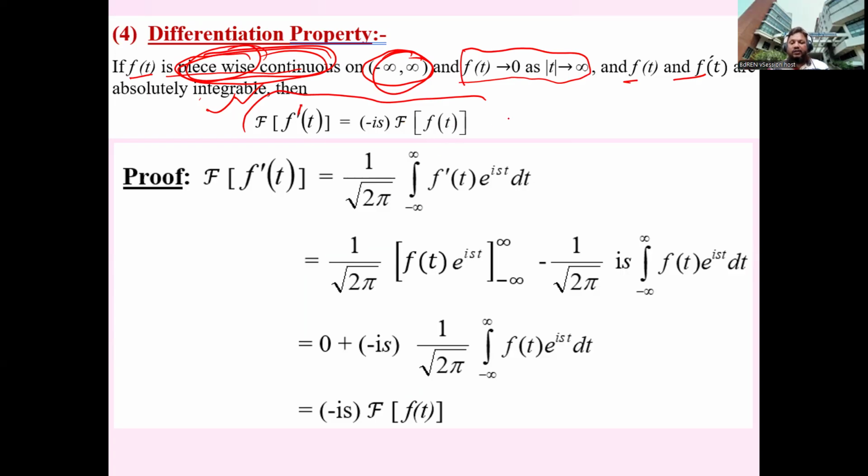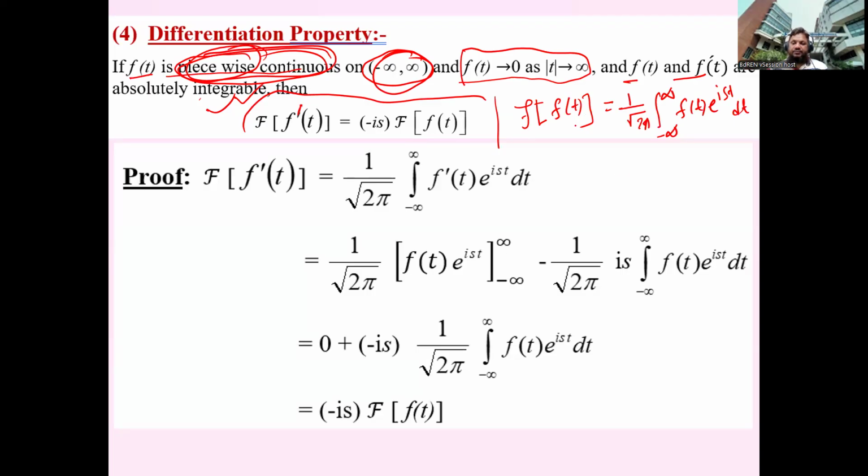So we want to use again the basic definition of the Fourier transform that we already stated. Again I am writing, the Fourier transform of f(t) can be defined as 1 by root over 2 pi, integral from negative infinity to positive infinity of f(t) e to the power i s t dt, right?